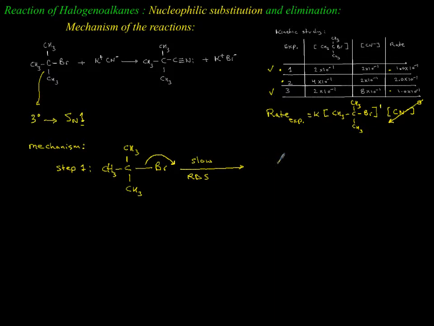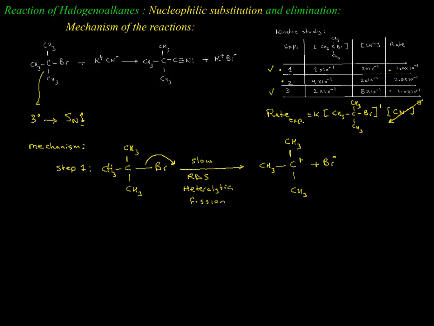And it will produce a carbocation, and remember this is heterolytic fission. It will produce an anion and a cation. Your cation is known as carbocation, extremely stable, and it will produce bromide.